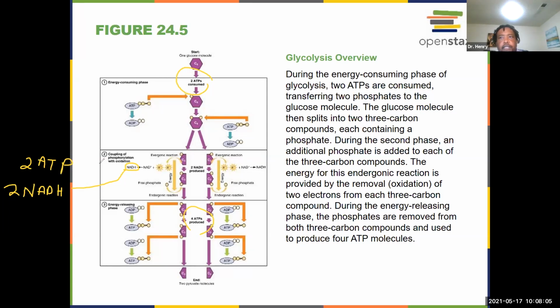Okay, so the first part of the reaction is called exergonic, meaning that energy is released. We're releasing some of that energy, and that's how we're getting the production of NADH. The second part of this process is endergonic. Exergonic is the release of energy. Endergonic is you bringing in energy.